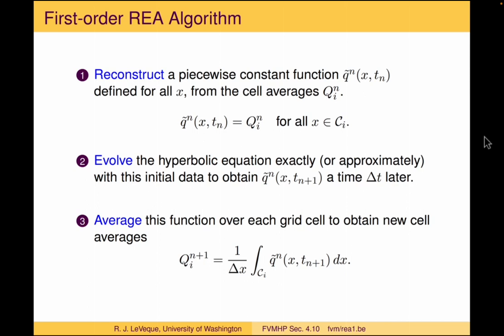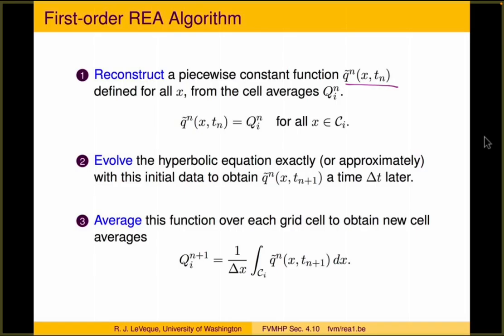Okay, now another way to look at this, which leads more into the wave propagation form, or looking at how a wave affects the cell average. As I've said, we can think of Godunov's method as reconstructing this piecewise constant function q tilde of x at time tn, defined from the cell averages. So q tilde n of x, tn is identically equal to Qi n everywhere in cell C sub i, the one from x i minus half to x i plus half.